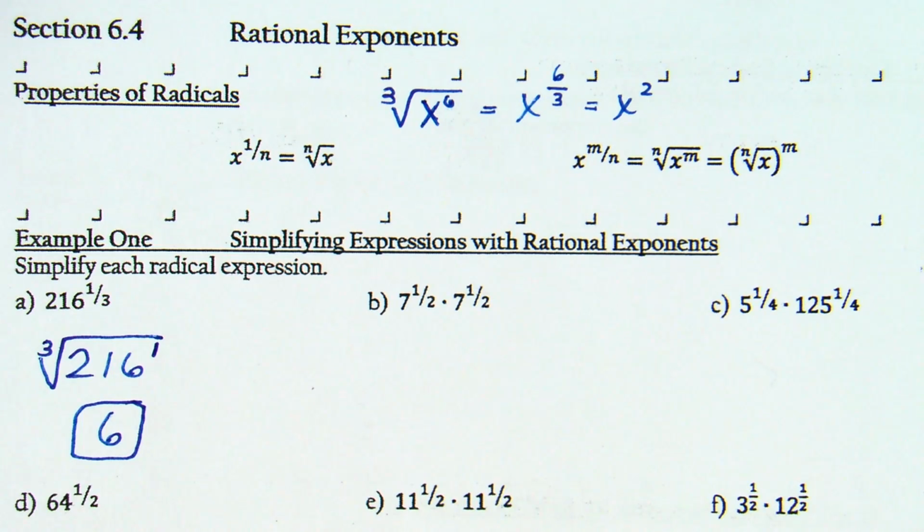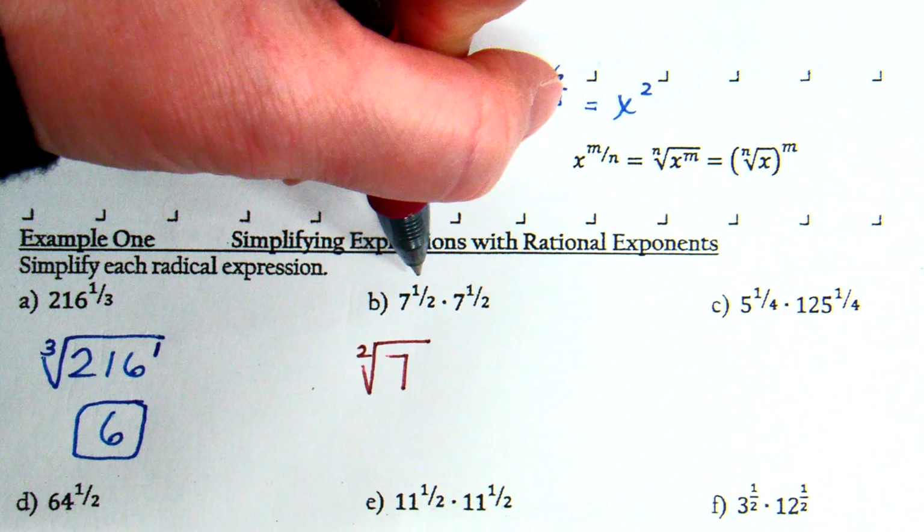7 to the 1/2 times 7 to the 1/2. What can you figure out about 7 to the 1/2? It's the square root of 7 because the denominator of 2 is my index, the numerator of 1 is my power.